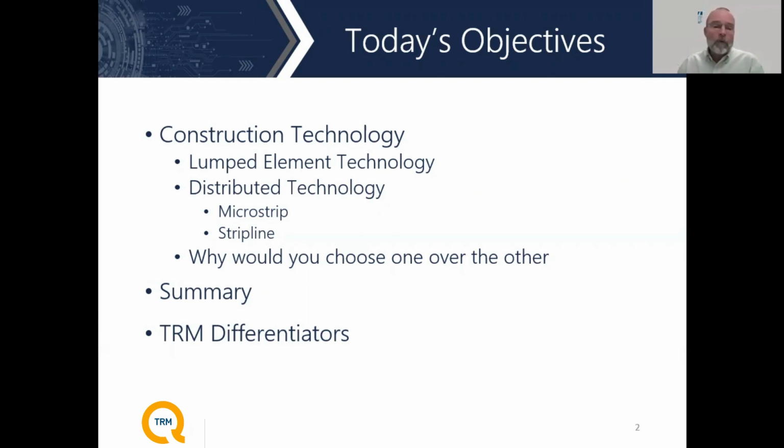What I'm going to talk about today is why you would choose one over the other for a particular application, and what the strengths and weaknesses of each of these technologies are. We'll then have a quick summary and then talk about some of the TRM differentiators.